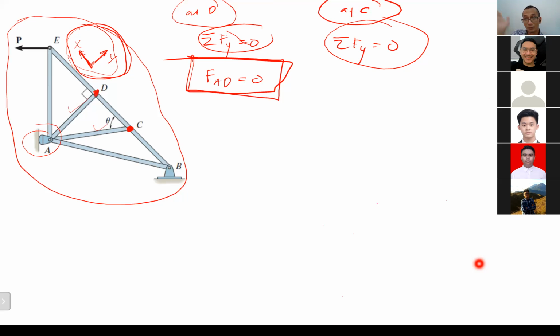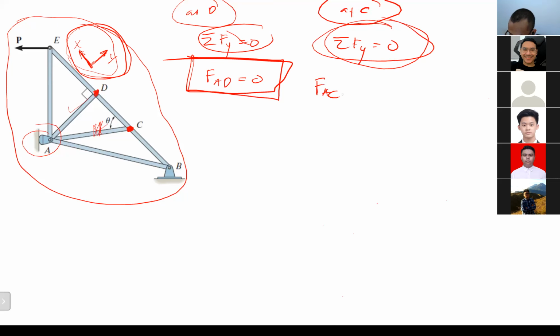The member does not necessarily have to be in the Y direction, but when we talk about sigma Fy equal to 0, we have to list out all the forces which have a Y component, right? So AC has a Y component, right? Oh, yes, it does.